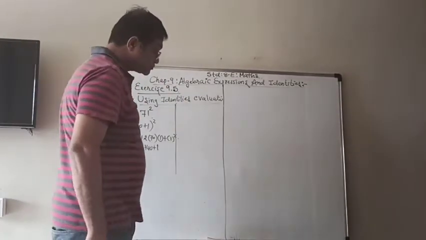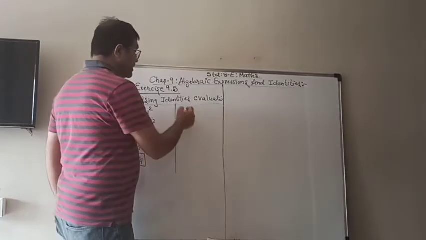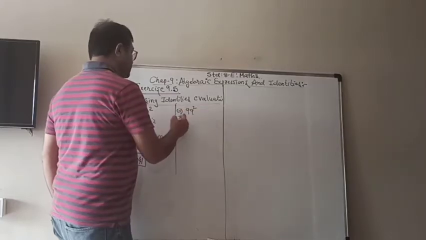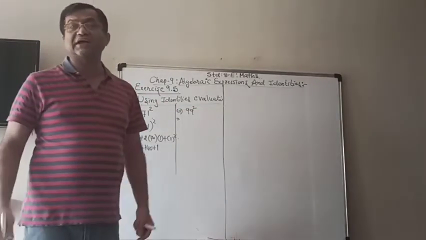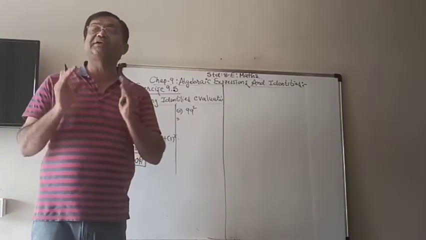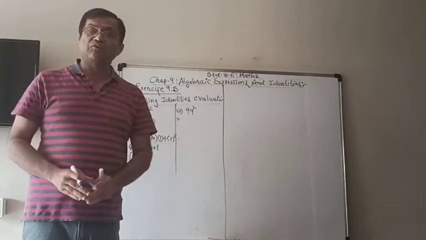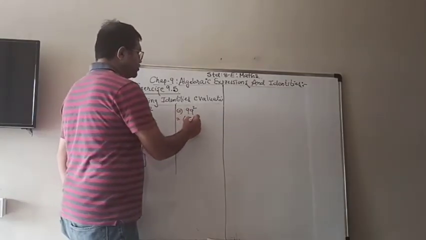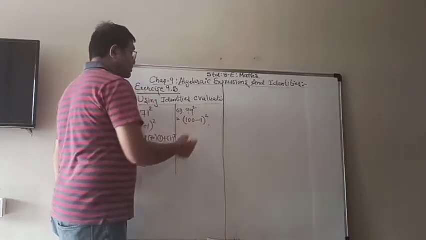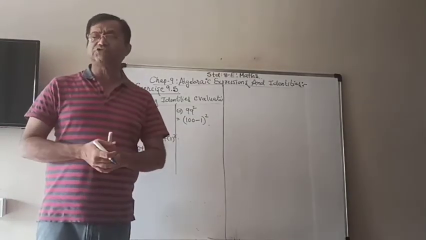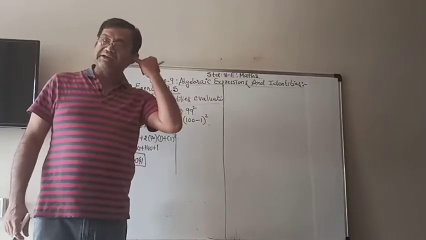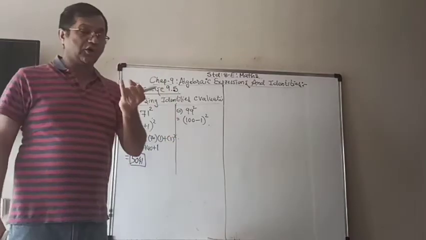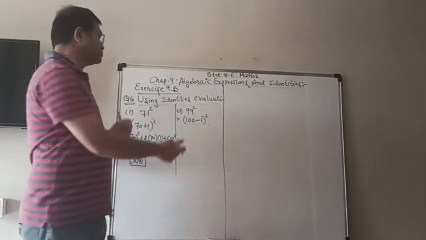Second one, 99 square. Now you can understand easily that 99 is nearer to 100. If you subtract 1 from 100, you get 99. So in place of 99, you can write down 100 minus 1. You can use 90 plus 9 also, it is also not wrong, but I found that one easier, so I took that one.